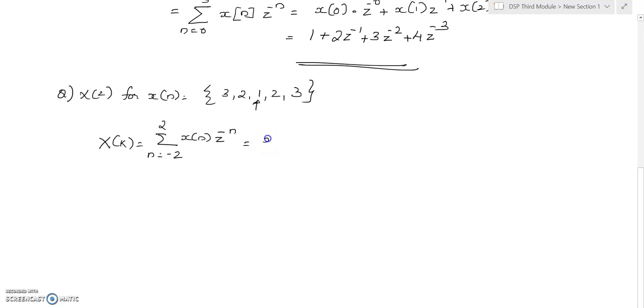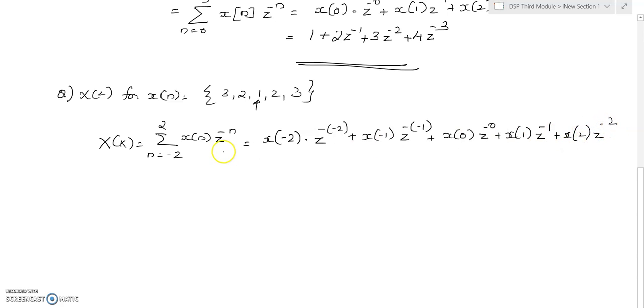That would mean x of minus 2 into z raised to minus of minus 2, plus x of minus 1 z raised to minus of minus 1, plus x of 0 into z raised to minus 0, plus x of 1 z raised to minus 1, plus x of 2 z raised to minus 2.